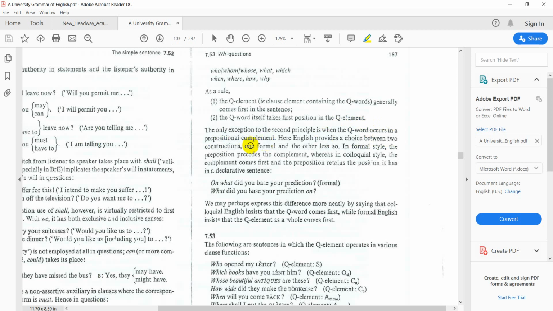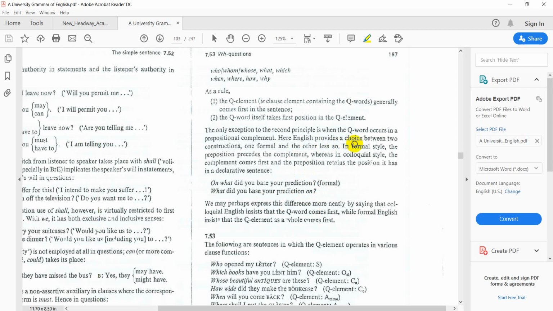So if I have a sentence that contains a prepositional complement, in this way the preposition will precede the WH word, especially in formal speech, while if it is informal, the WH word will be in initial position, and the preposition will be at the end of the sentence before the question mark.